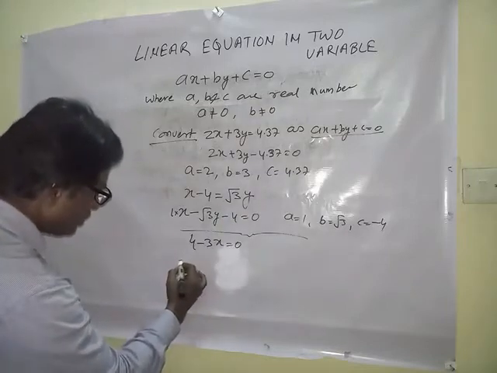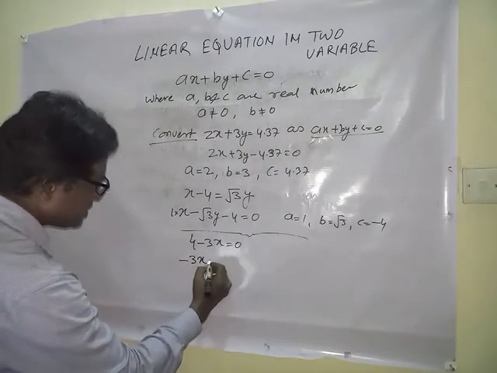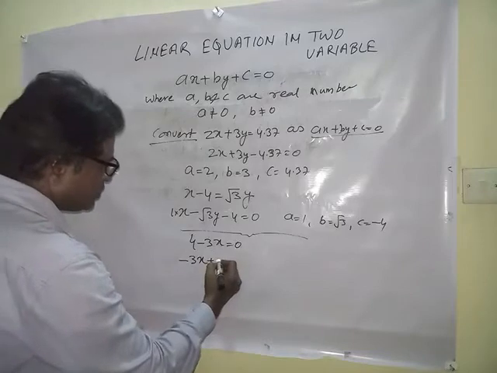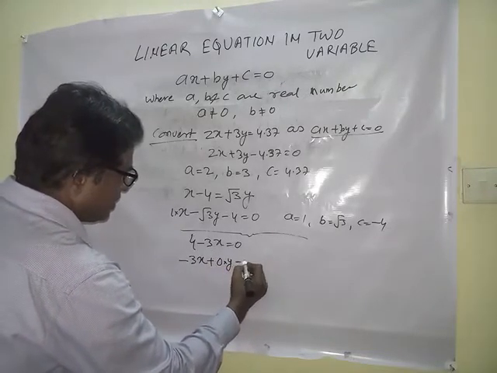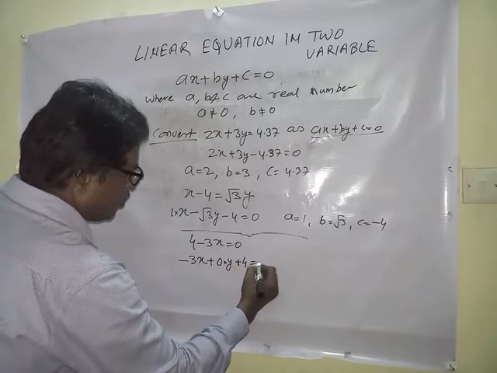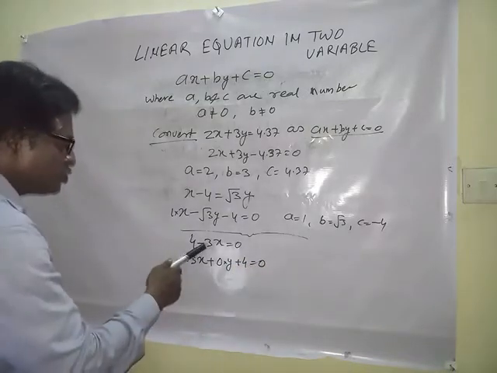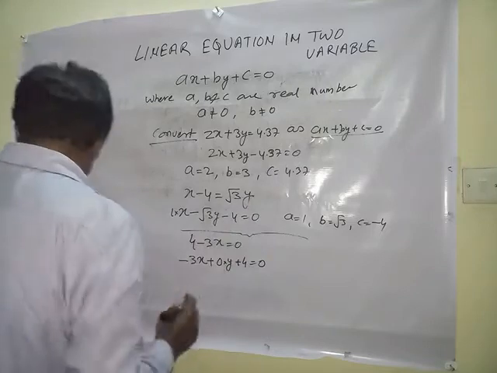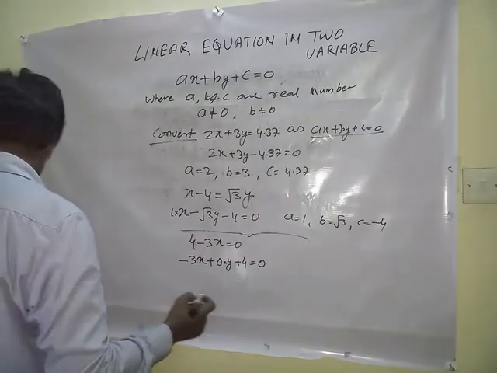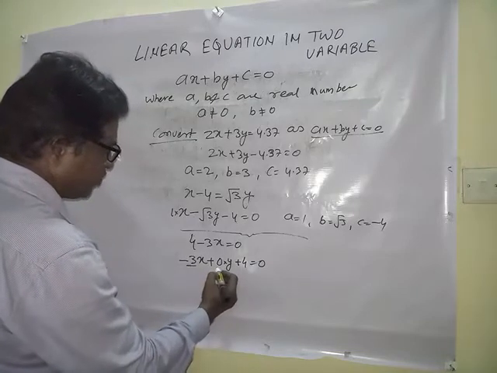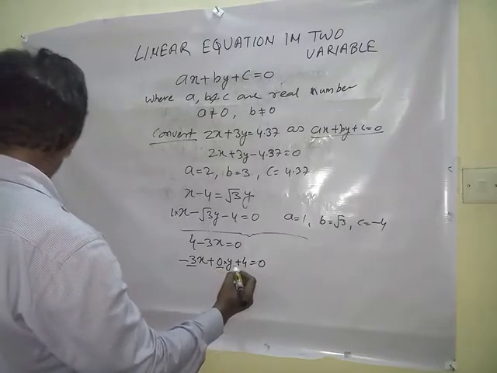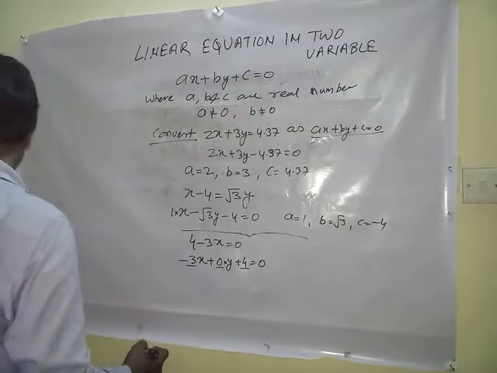So you have to write minus 3x plus 0 multiplied by y plus 4 is equal to 0. That is how you can convert this into this format. And the value of a will be minus 3, the value of b will be 0, and the value of c will be 4.